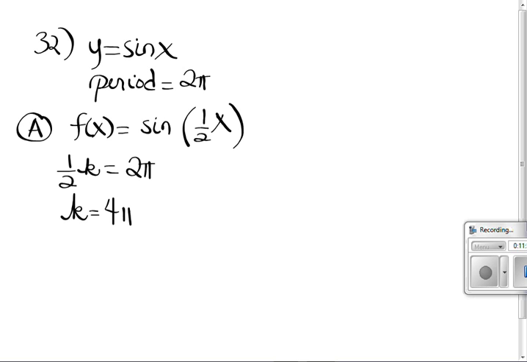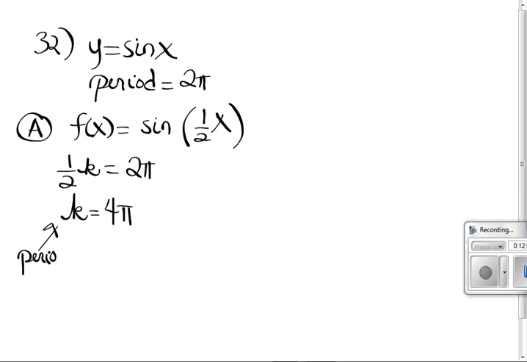4 pi. And if you think about it, this one is being slowed down. So it takes twice as long to repeat. So it's A. K is the period for my new one. That's just how I do it. You guys learned it a different way, but I do this because it works every time.